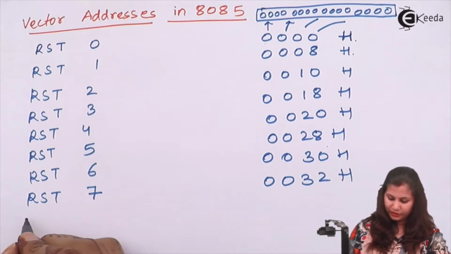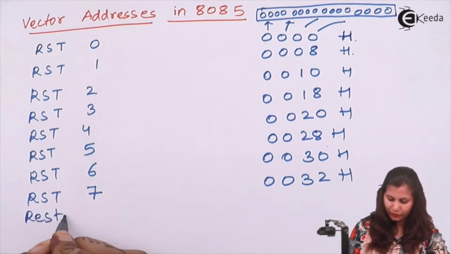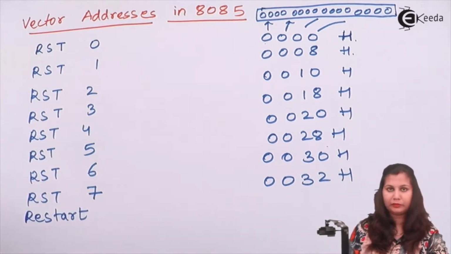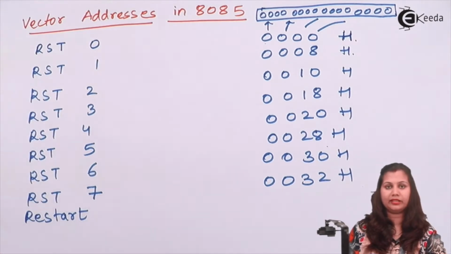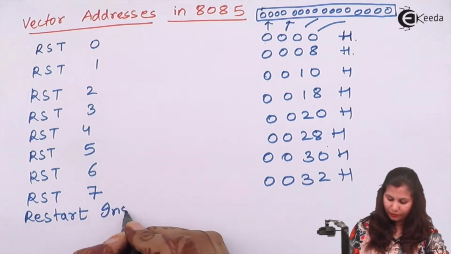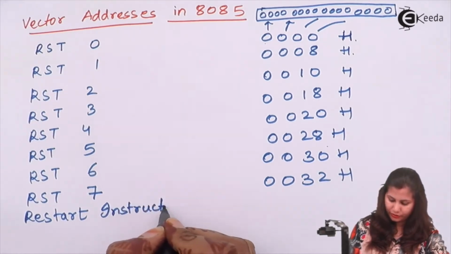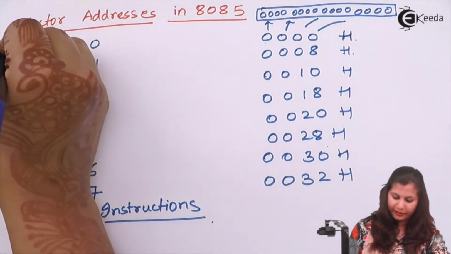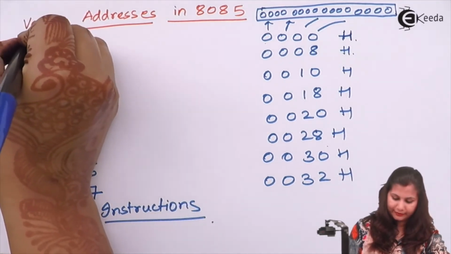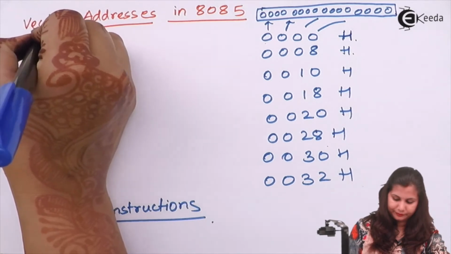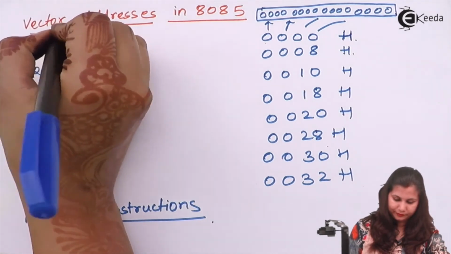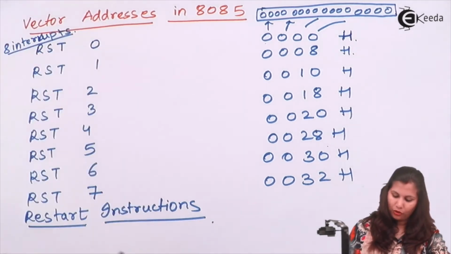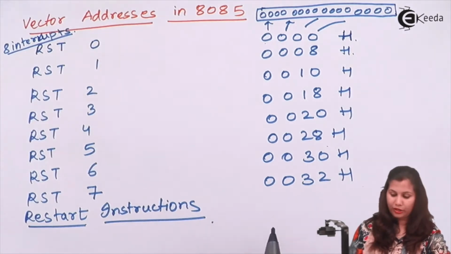Okay, these were the restart instructions. Because they are software interrupts, it means that they can be written in the program as an instruction. So these are a part of the restart instructions. We have 8 interrupts in this category. Also these are 1 byte instructions.